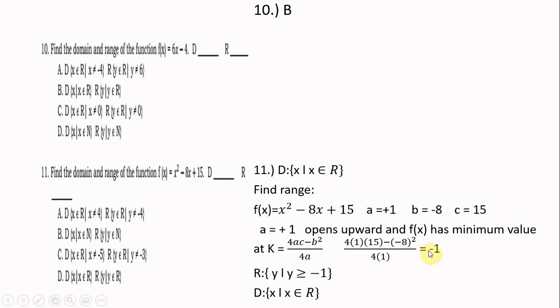So the answer is negative 1. This is the ordinate of the vertex of the parabola, which opens upward, so this is the minimum value of the function. Therefore, our range is the set of y such that y is greater than or equal to negative 1, and our domain is the set of x such that x is an element of real numbers.